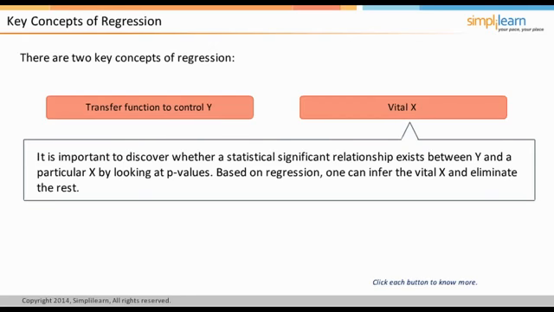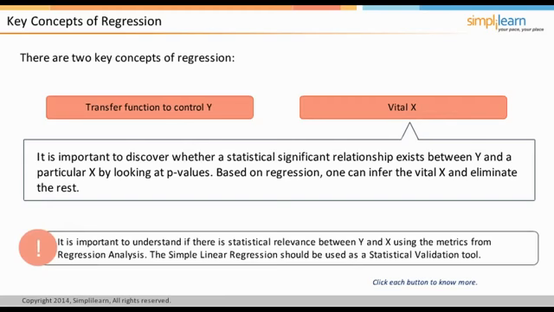The main thrust of regression is to discover whether a significant statistical relationship exists between y and a particular x, that is, by looking at p-values. Based on regression, one can infer the vital x and eliminate the unimportant x's. The analyze phase helps in understanding if there is statistical relevance between y and x.